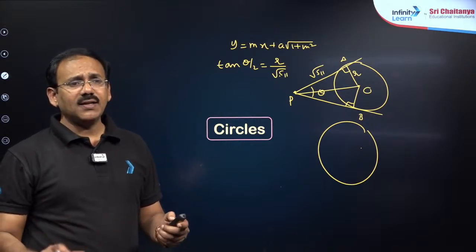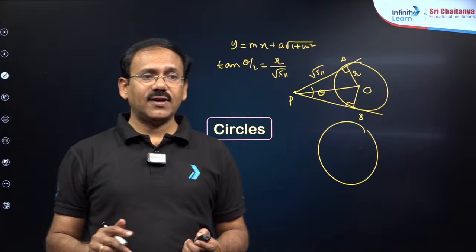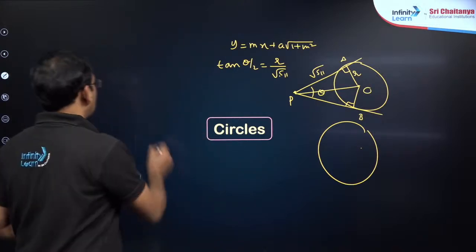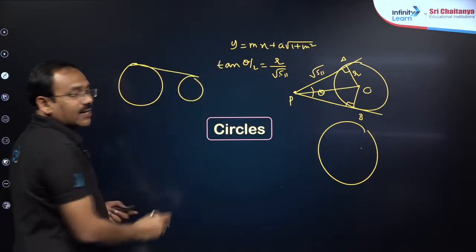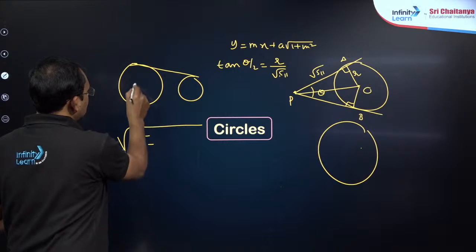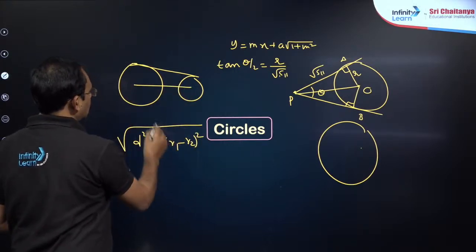So these are the main things. Then the relative position of circles is also very important, my dear friends: number of common tangents, direct common tangent, transverse common tangent. If two circles are given, my dear friends, the length of the direct common tangent is given by root of d square, where d is the distance between the centers, minus r1 minus r2 whole square.